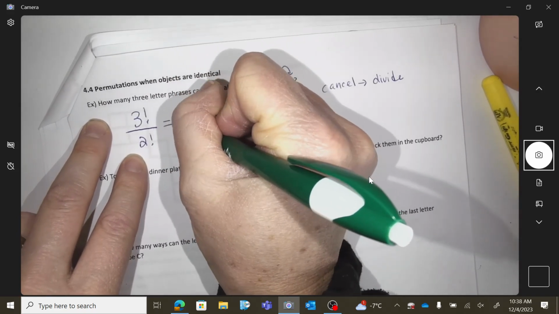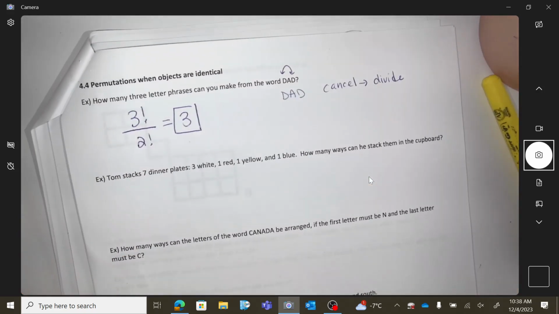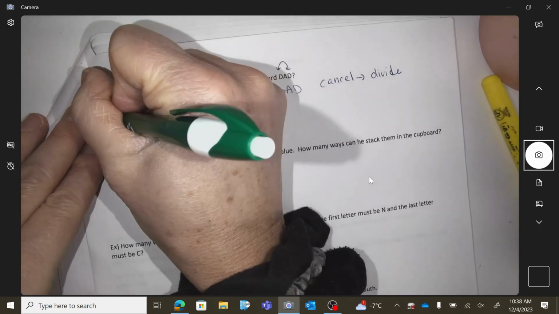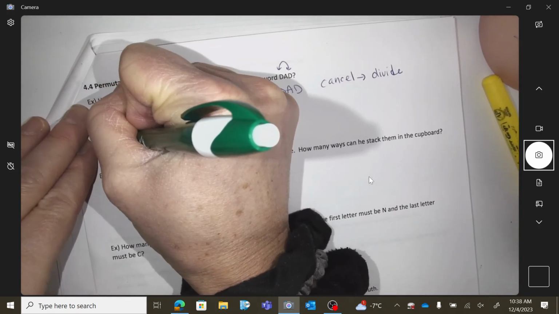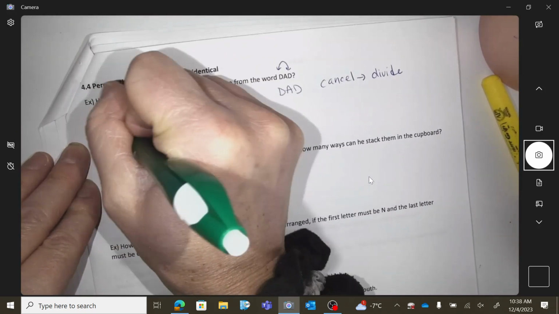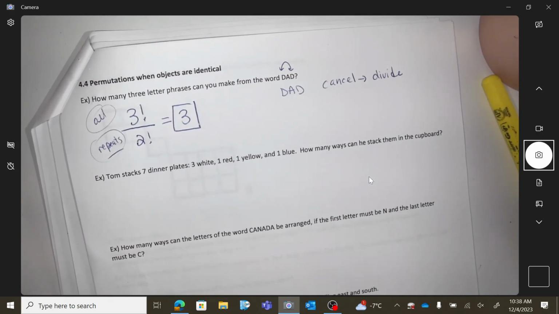So then that only ends up being 3. So that's the format. All divide by repeats.